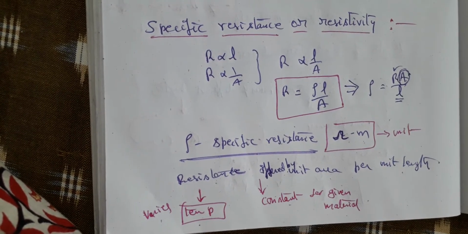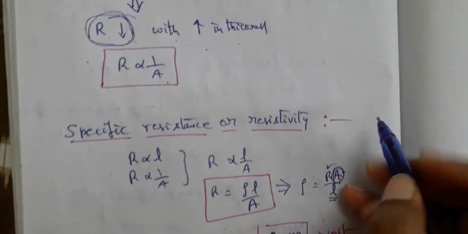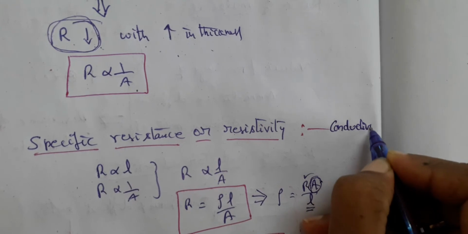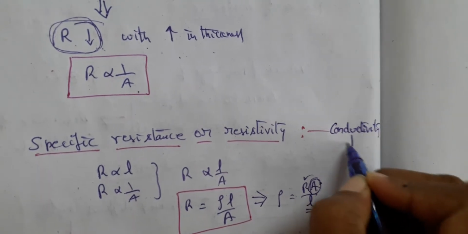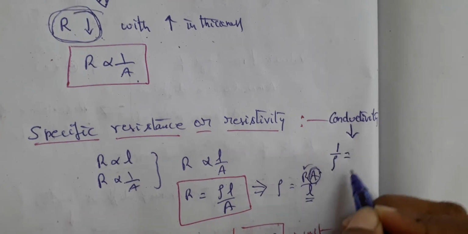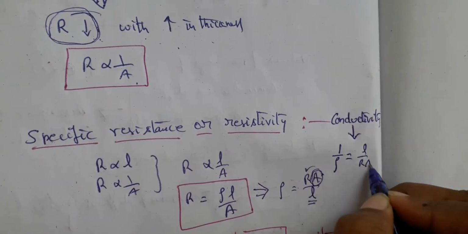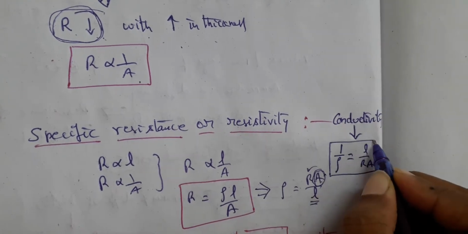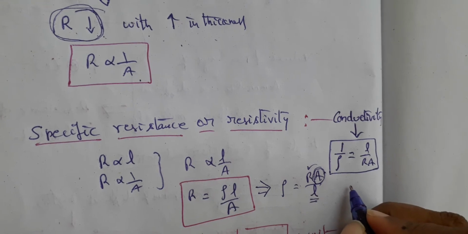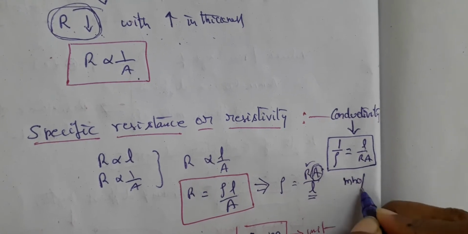When you define specific resistance or resistivity, it is very common that we discuss conductivity. Conductivity means the reciprocal of resistivity, that is L by RA. What is the unit of this? The reciprocal of ohm meter. Ohm inverted gives mho, so the unit is mho per meter.